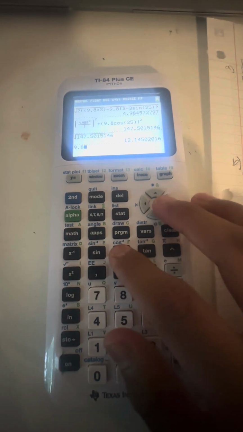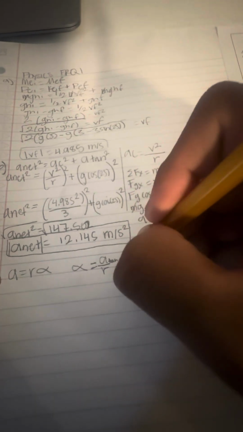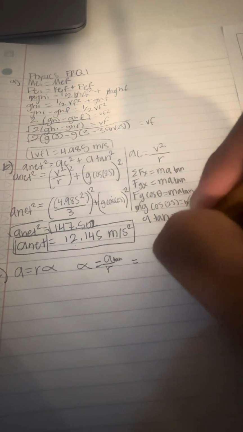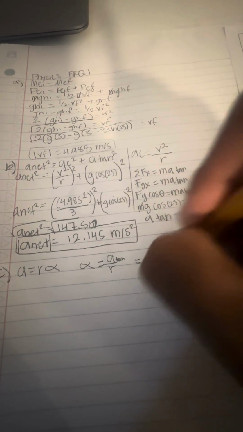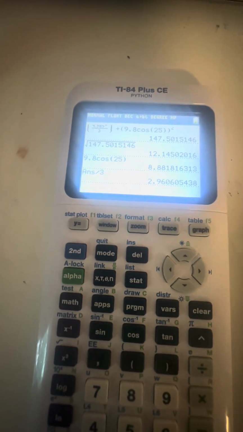And we just find that on our calculator. So 9.8 cosine 25 is equal to 8.881. So we go ahead and plug that in: 8.881 over R, which is just 3 meters. And we can plug that into our calculator as well, which gives us a total of 2.961.